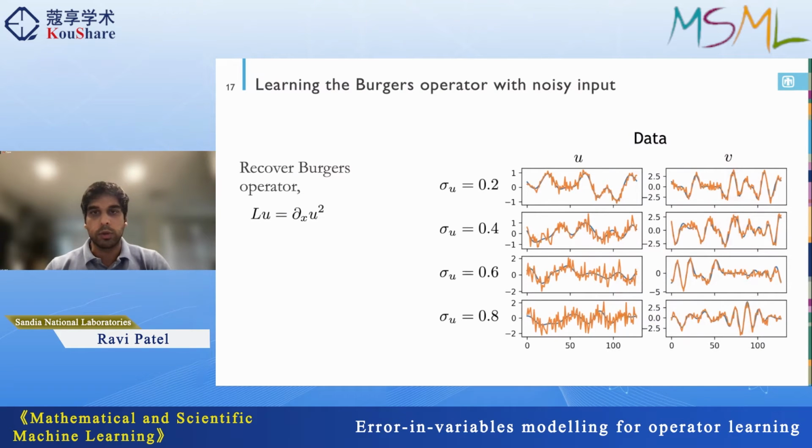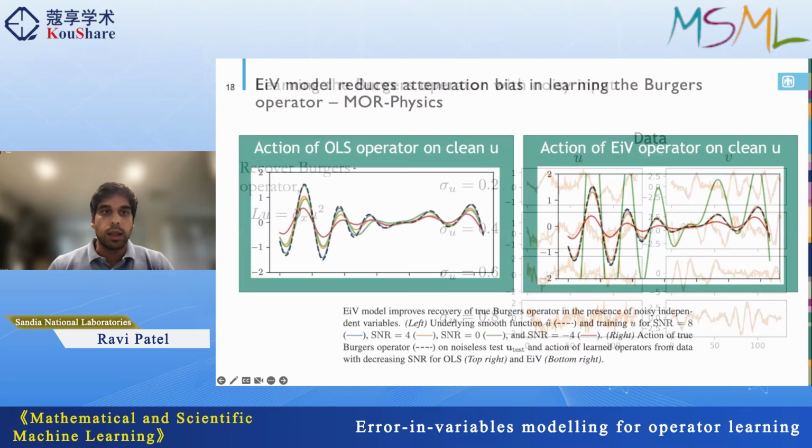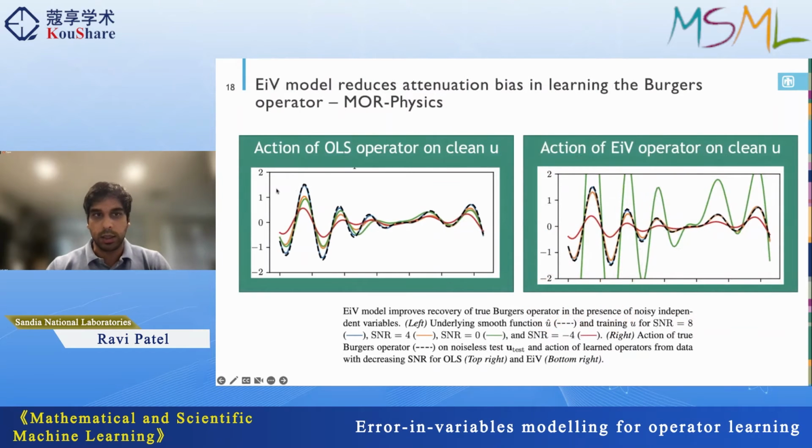So now we'll look at trying to recover the Burgers operator again, now with this errors-in-variables model, where again, we're adding more and more noise into the independent variable u. On the left, I'm showing the result for ordinary least squares regression. And as before, we more and more underpredict the action of the true operator as we add noise into u.